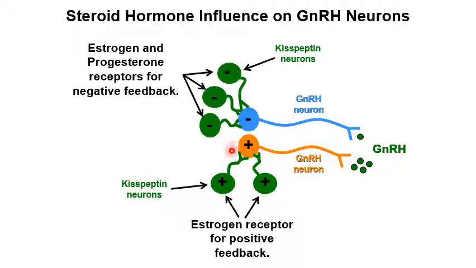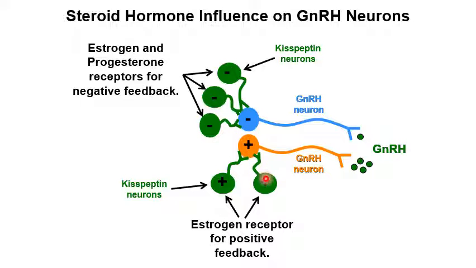We also have the Kisspeptin neurons that have a receptor, and these receptors can have either positive or negative feedback on the GnRH secretion.